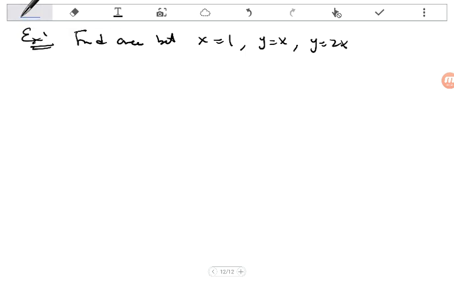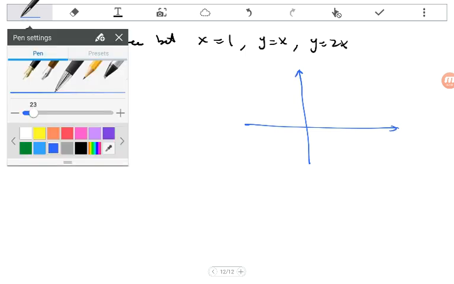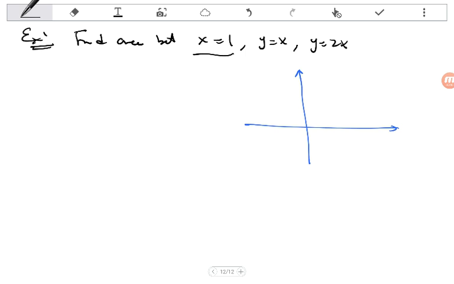Let's graph these functions. x equals 1 is a straight line. y equals x is also a straight line, and it passes through the origin. Any straight line without a constant is considered to be passing through the origin. So it would be like this with an angle pi over 4. So this is y equals x.